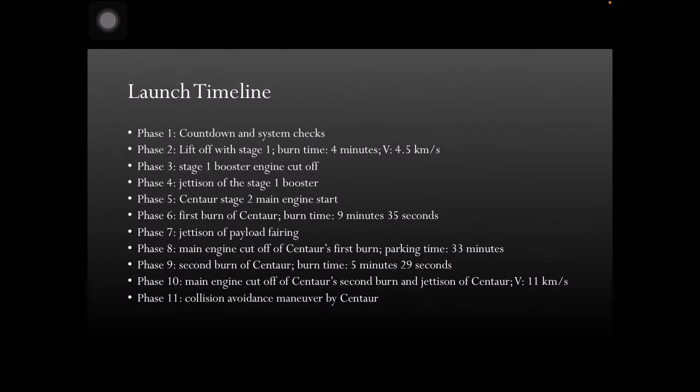After that, the main engine is cut off, and then the Centaur is jettisoned with the Mars Reconnaissance Orbiter, which will have a velocity of around 11 kilometers per second. Then the remaining launch vehicle will also undergo a collision avoidance maneuver to avoid collision with the MRO or even Mars.